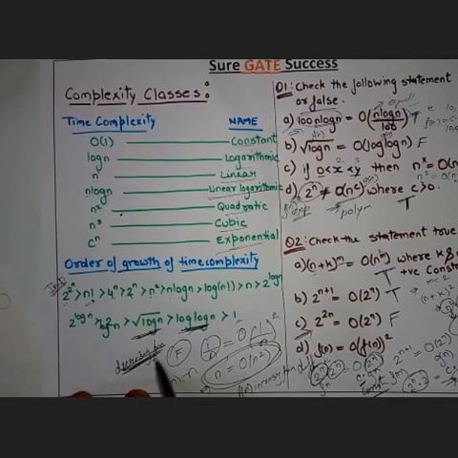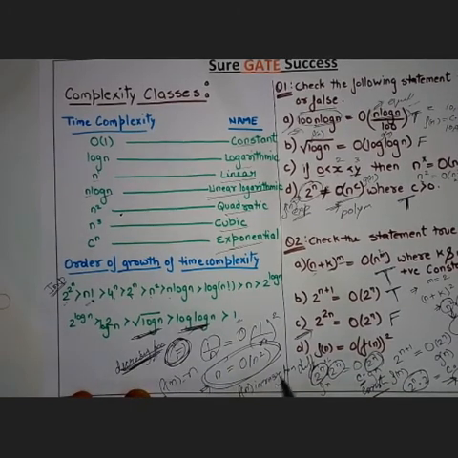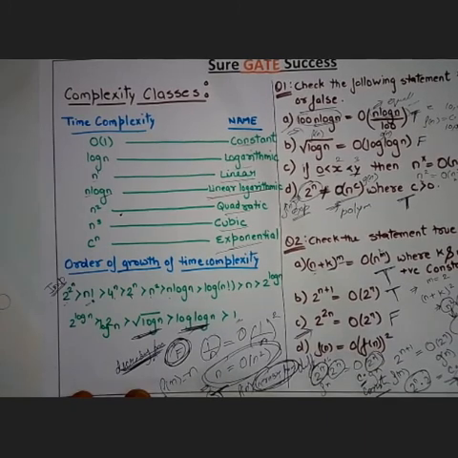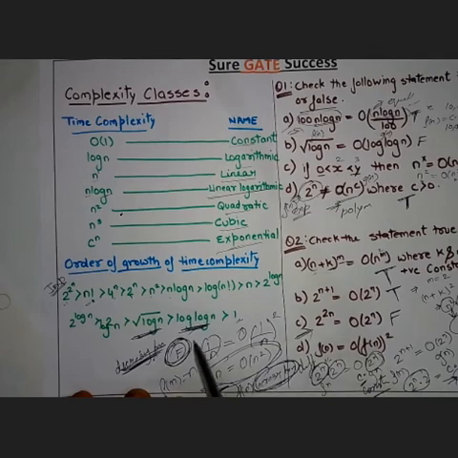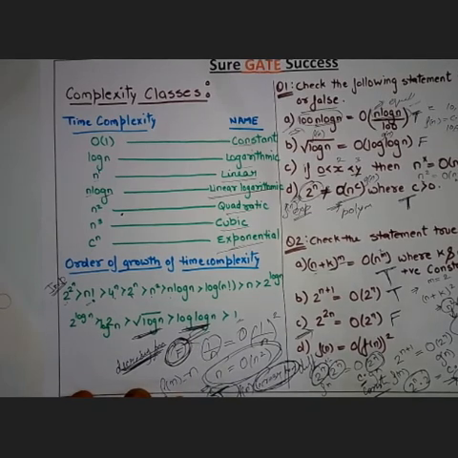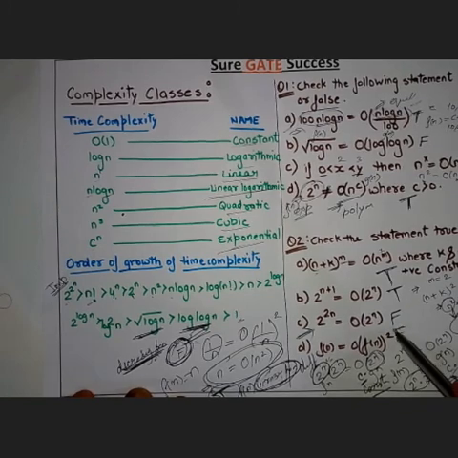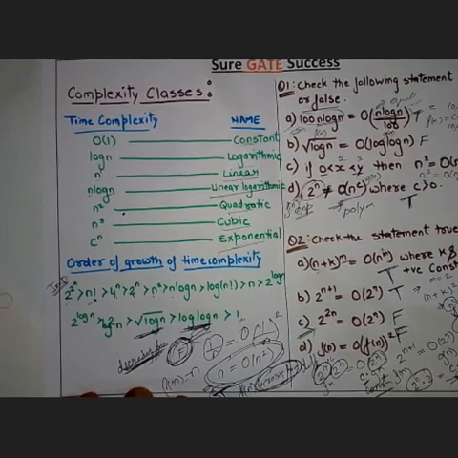In case of a decreasing function, it is false, while in case of an increasing function, it is true. And we can say that if it is false in any of the cases, we can directly say that it is false. So this one is false.